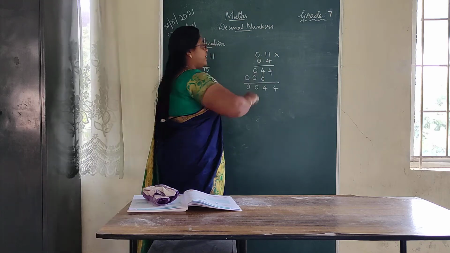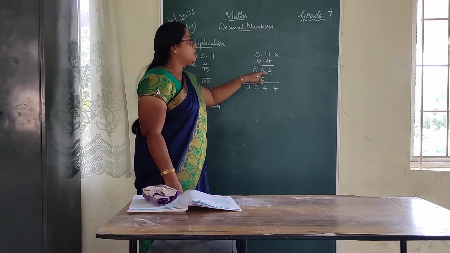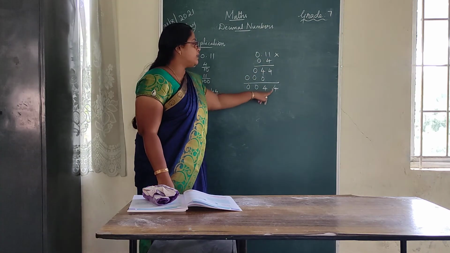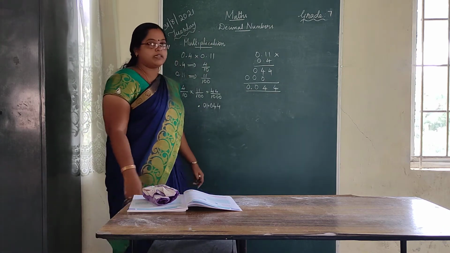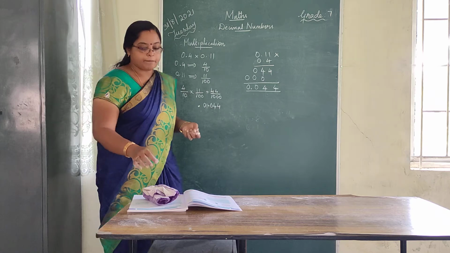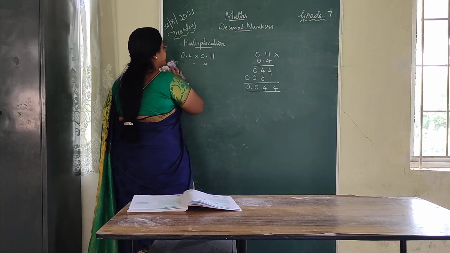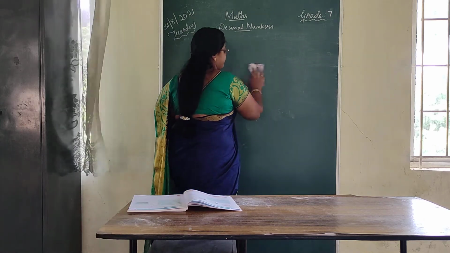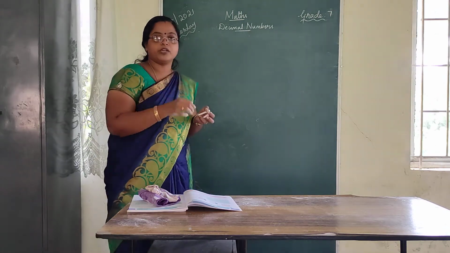Here 1 decimal place. So totally how many decimal places? 3 decimal places. So we leave the 3 decimal places. So 1, 2, 3. So we put the point here. This is the answer. You understand this? Whatever questions I am giving on the board, you should copy in your note also.